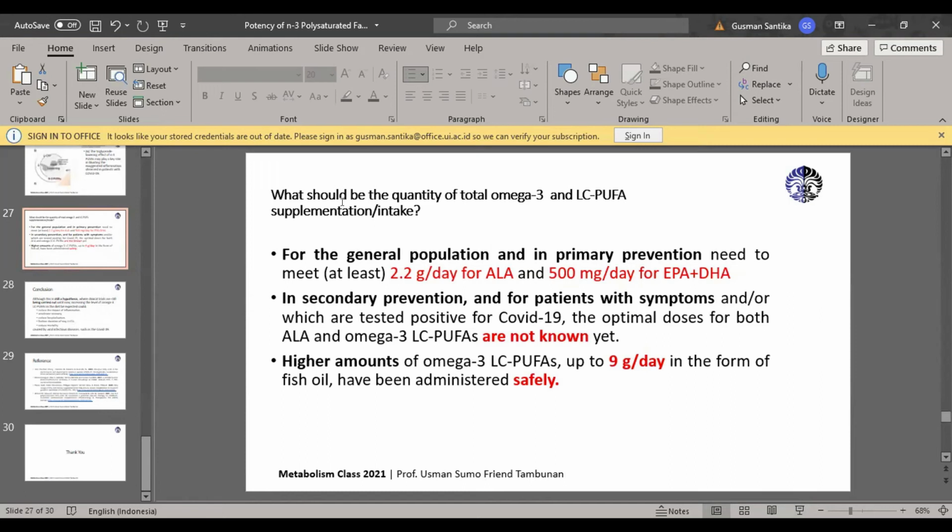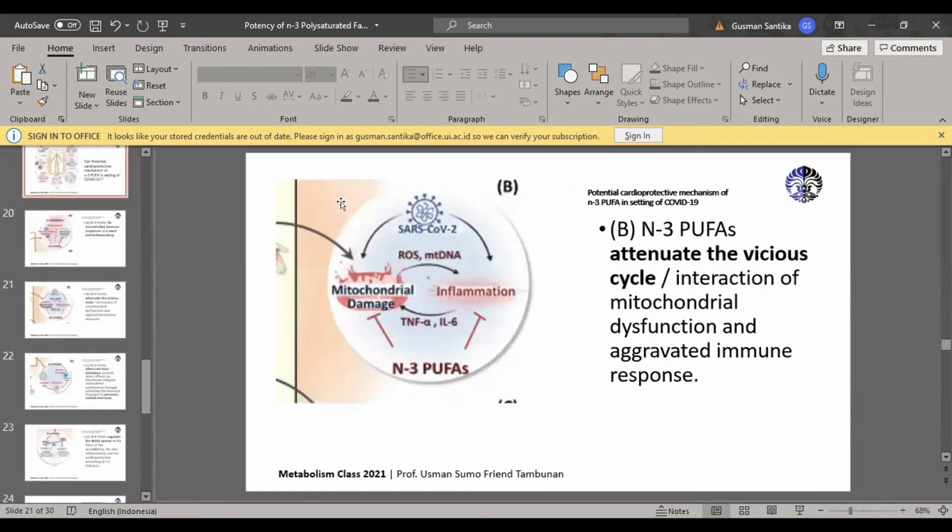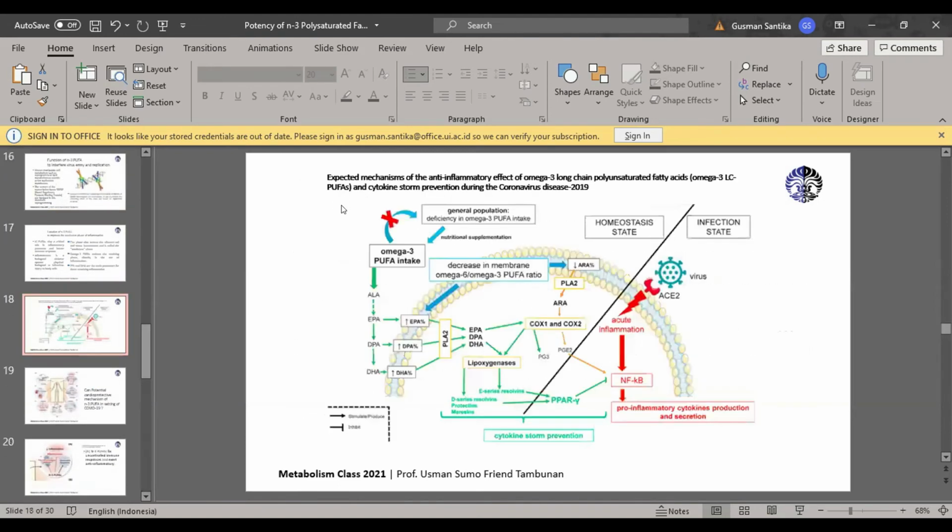As long as we have enough supply of PUFA, because the function of PUFA is to prevent the cytokine storm that causes injuries to our body.